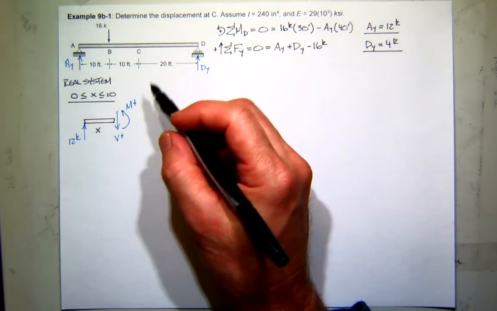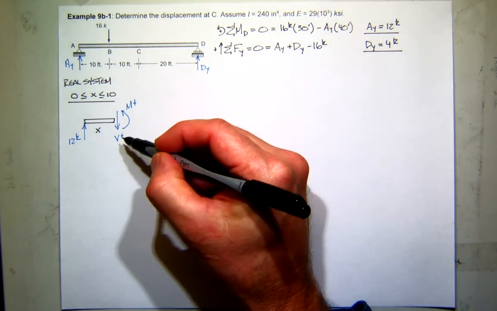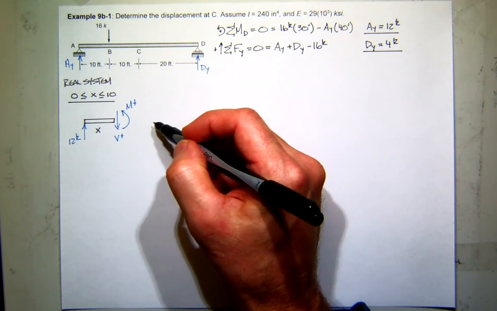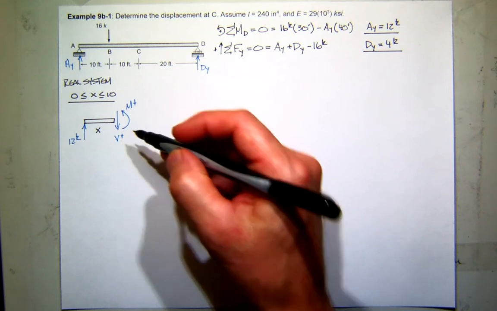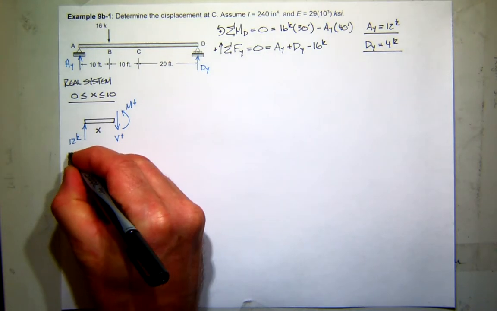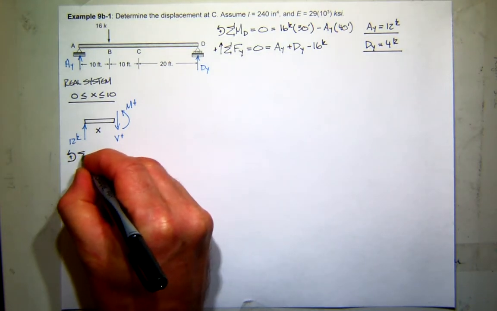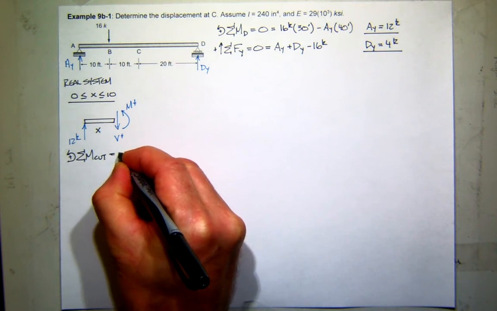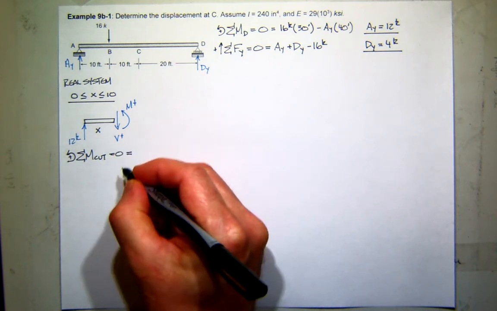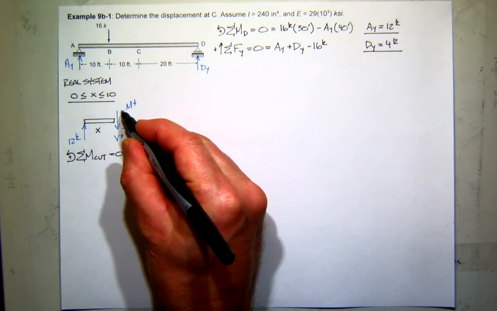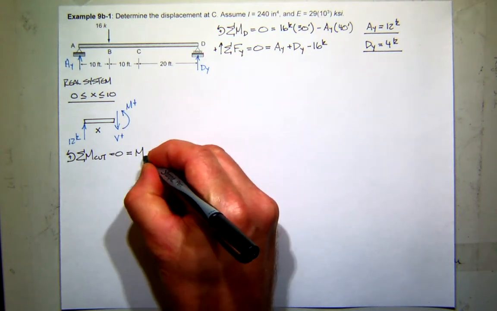Now, right now in virtual work, we're not including the energy due to shear. We're only including the energy due to moment. So we're not going to really worry about the shear. So with that, I'm going to sum the moments at my cut. Make sure it's in equilibrium. And what do I have? I'm using right-hand rule for my sign convention, so the internal moment at the cut is positive.